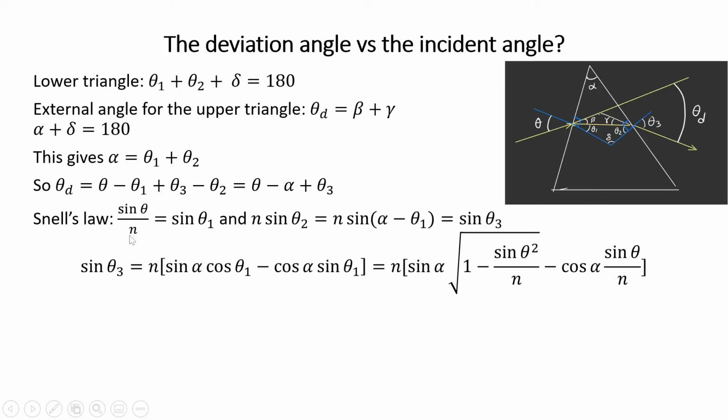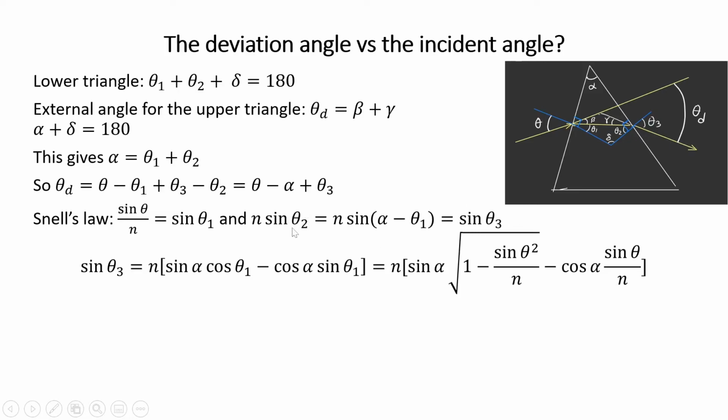For this first surface, noticing that the refractive index outside is 1, I can write sine of theta over n is sine of theta 1. And for the second surface, I can write n times sine of theta 2, because the incident angle for the second surface is theta 2, is equal to sine of theta 3. The refractive index here is 1.